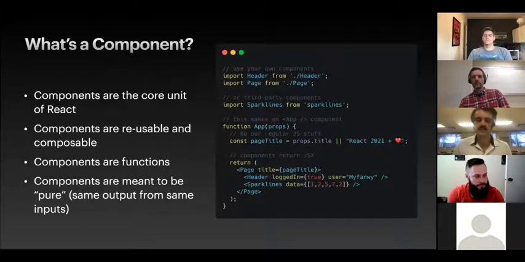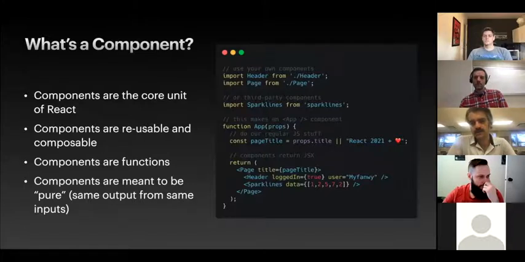Inside that Page component, there's going to be a Header component, and it takes two props, a logged in Boolean and a user string. And you'll notice those are passed a little bit differently. Logged in gets a true in squiggly brackets, curly braces.